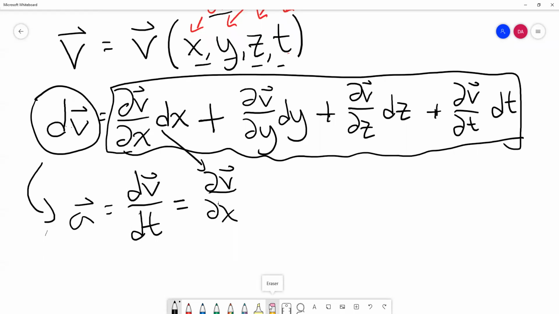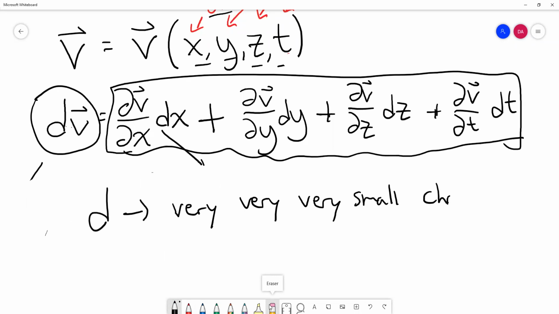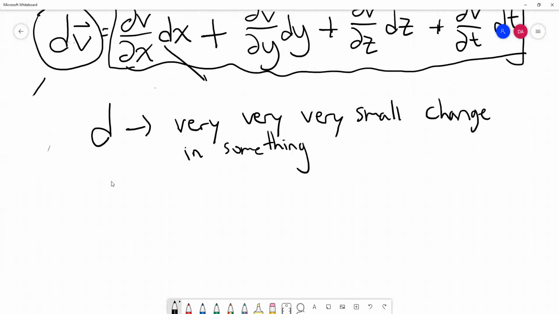So right now I'm using two types of letter d's, right? The lowercase d stands for a differential, which means this is a very, very small change in something. Now the partial, which is called the dou, whatever you want to call it, is also a very, very small change.